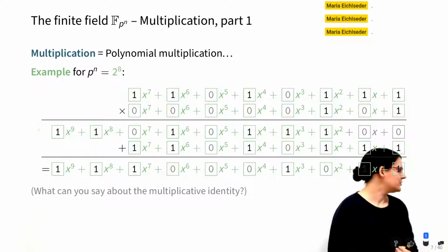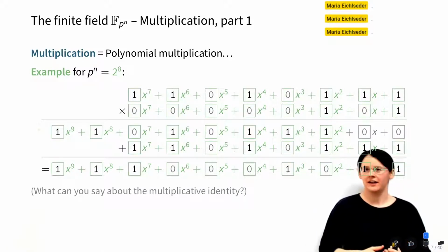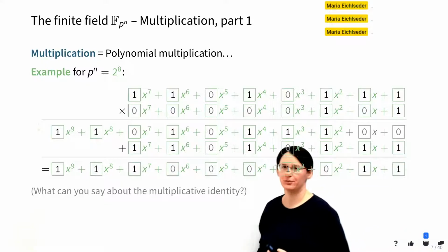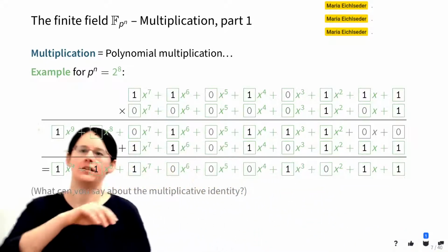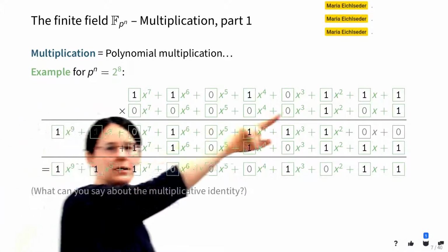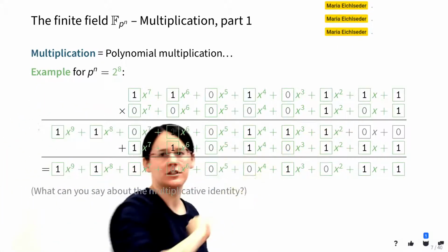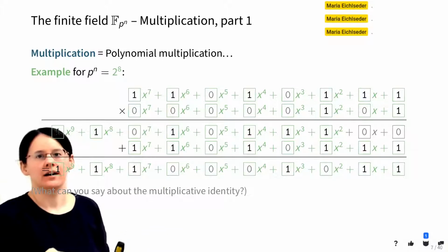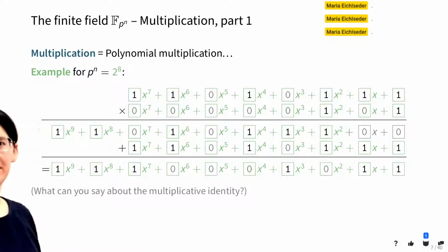Now, since I've already introduced this polynomial notation, I guess you may already be able to imagine what multiplication looks like. Here I have an example where I multiply this first number by a very small number, namely by 101 essentially. And I do this simply in the polynomial multiplication way.